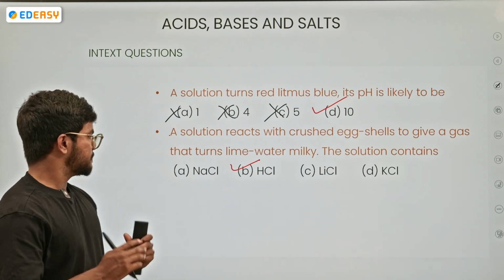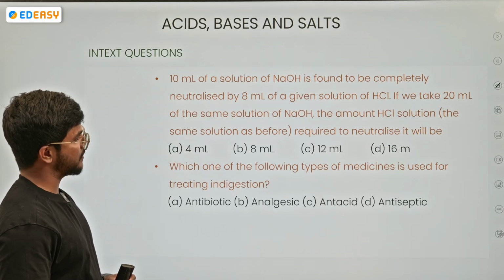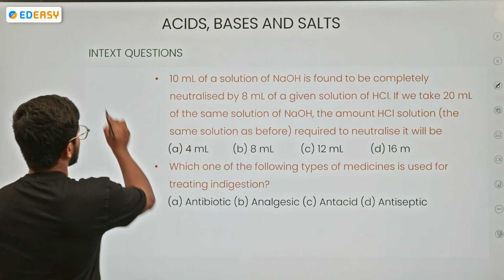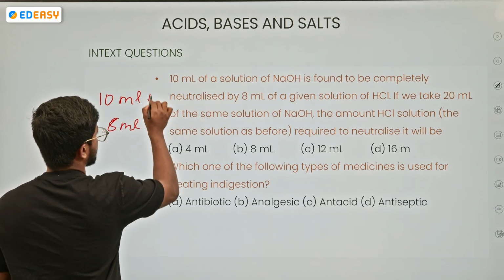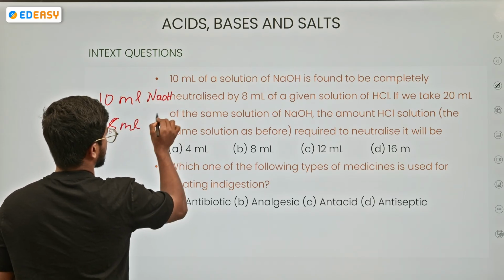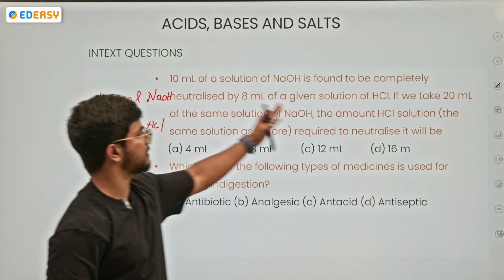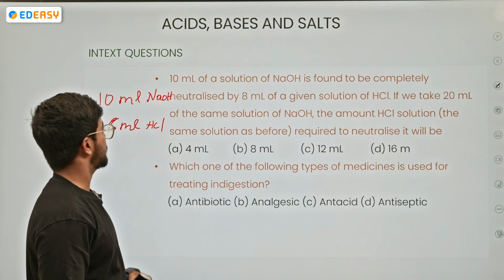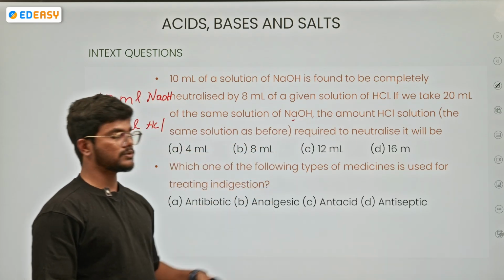Next, 10 ml of NaOH solution is found to completely neutralize 8 ml of HCl. So for 10 ml of NaOH, 8 ml of HCl is required. If we take 20 ml of the same NaOH solution, the amount of HCl required should be double.